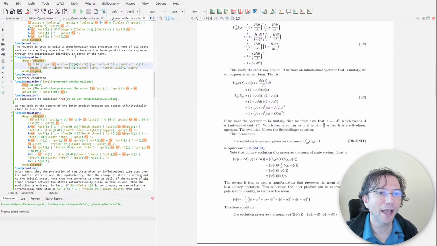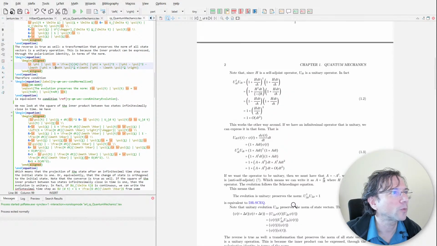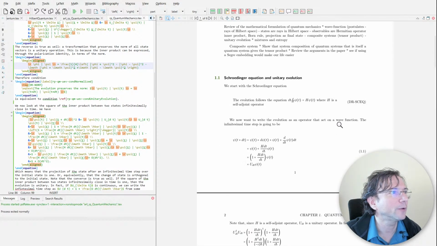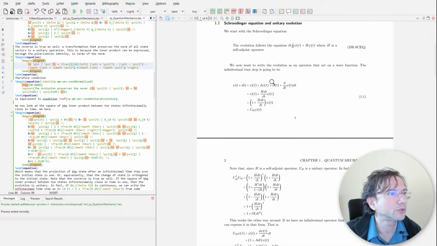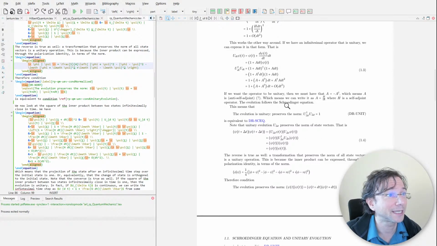Hi Tobias, I was just mentioning you because I added the polarization identity to go from norm to inner product. What I did was essentially go through the beginning and go through a little bit better from the Schrödinger equation to unitary evolution, and now I was fixing the fact that another condition is preserving the norm.